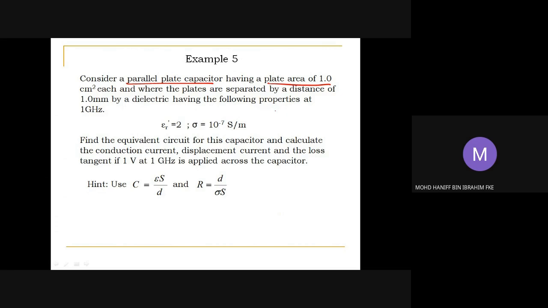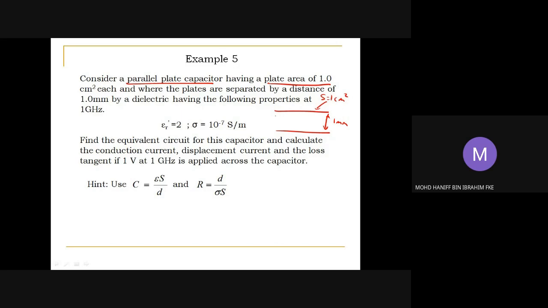So the plate area S is 1 cm squared each, and the plates are separated by a distance of 1 millimeter.